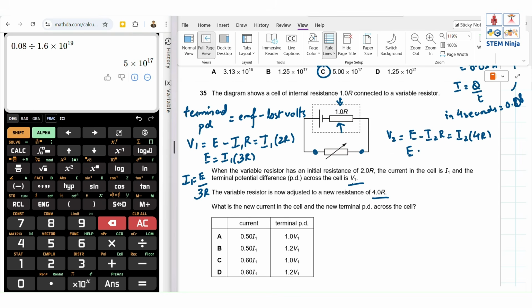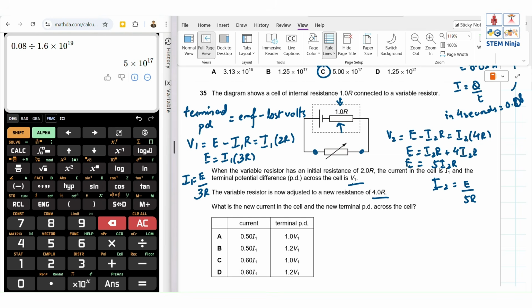So again, when we take it to the other side, I2R plus 4I2R, we get 5 I2R equals E. So I2 will be equal to E over 5R.